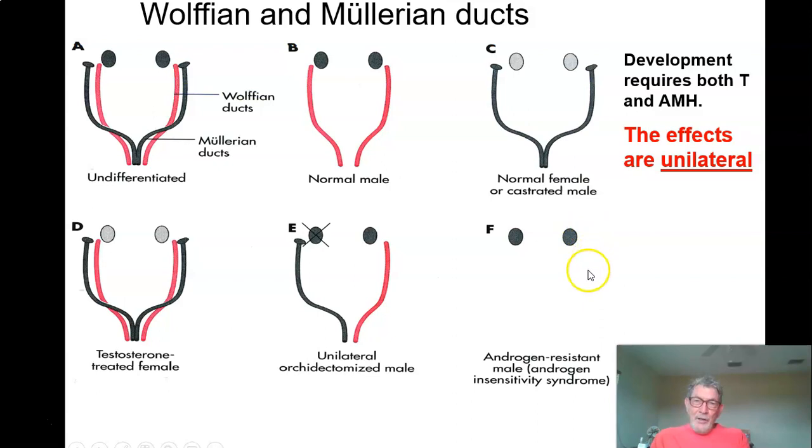Remember, the Müllerian ducts are your fallopian tubes, your uterus, and the upper third of your vagina. So you develop the lower 2/3 of the vagina. It's called a blind vagina. And you grow up as a little girl thinking you're a little girl, and then you never menstruate, and if they ever do a sonogram or something, they find out you don't have a uterus, and you don't have fallopian tubes, and you're an androgen-resistant male.